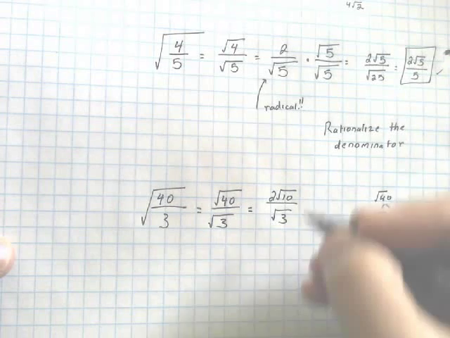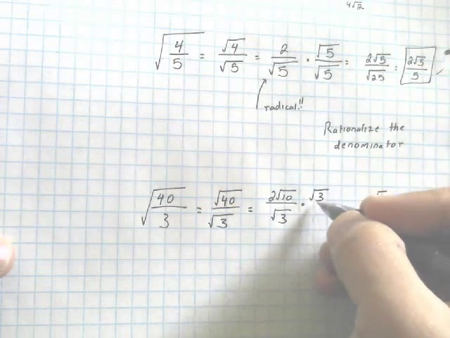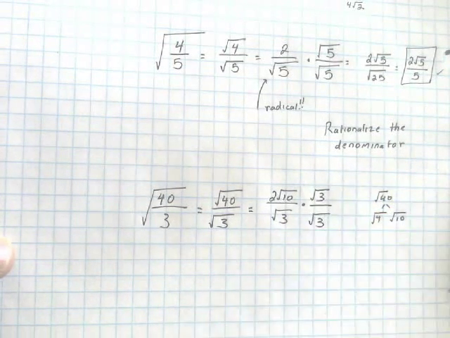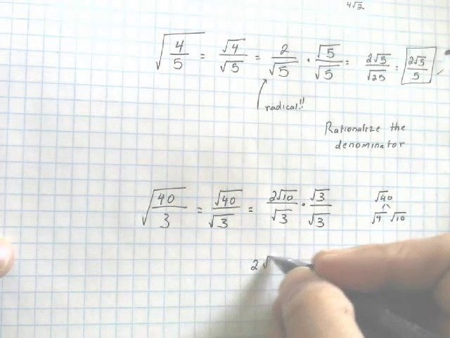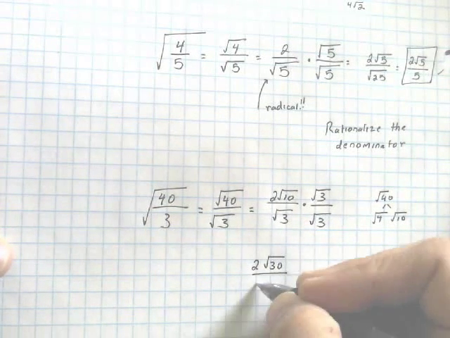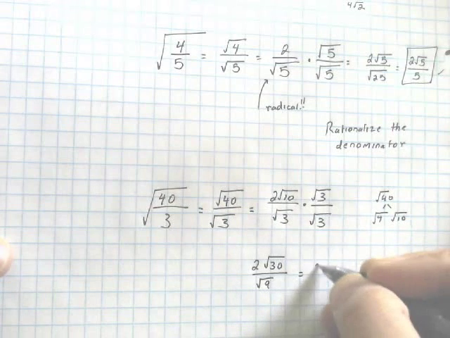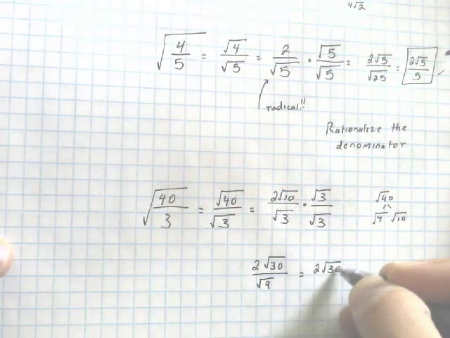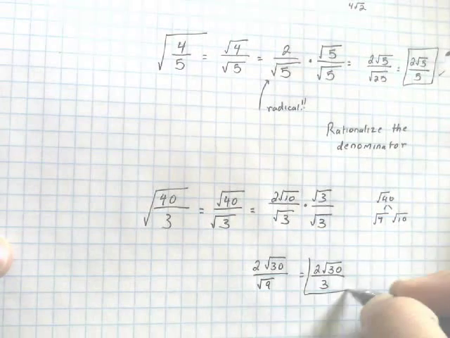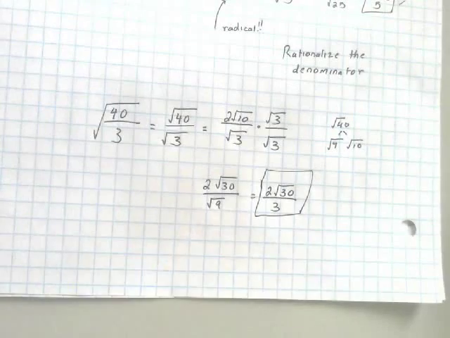Now, I've got to multiply top and bottom by radical 3. So I'll get 2 square roots of 30 all over square root of 9, which is just 2 square roots of 30 all over 3. And as my final answer, the denominator has been rationalized.